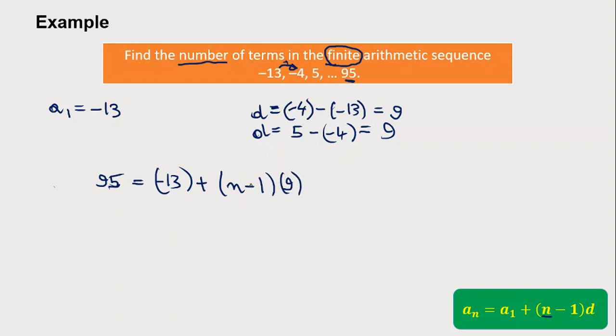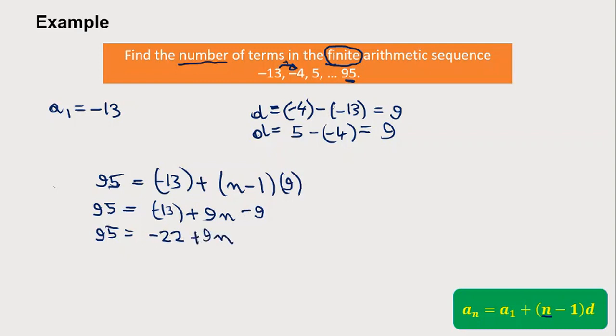So now if I just expand the bracket here, I will have 95 equal to negative 13 plus 9 times n, so 9n, minus 1 times 9, so that's minus 9. Altogether 95 equal to, combine the numbers together, minus 22 plus 9n.